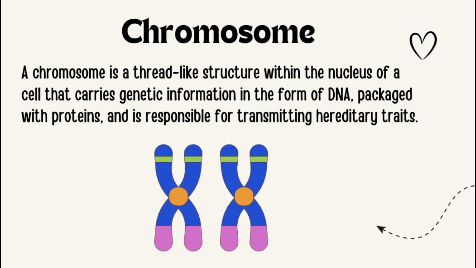So this chromosome is literally strands of nucleosomes packed together that make up the chromosome, right? But that's not the point. We just want to know at this level that it's a thread-like structure within the nucleus, and it carries genetic information in the form of DNA, because we know that.